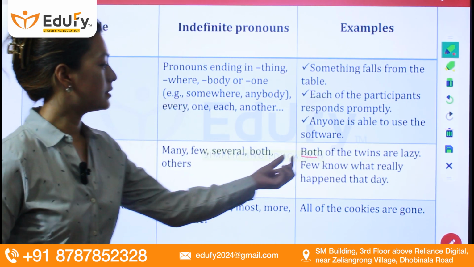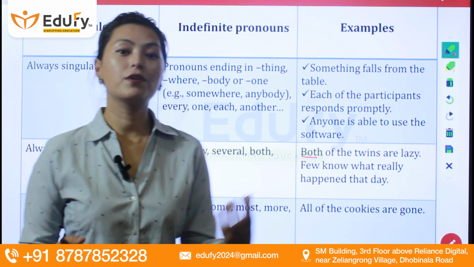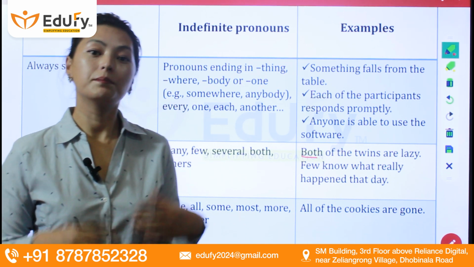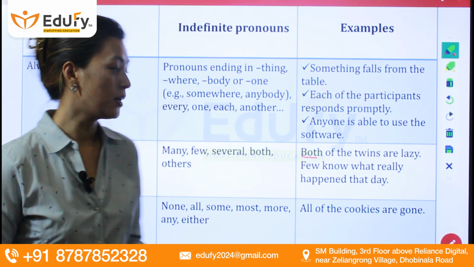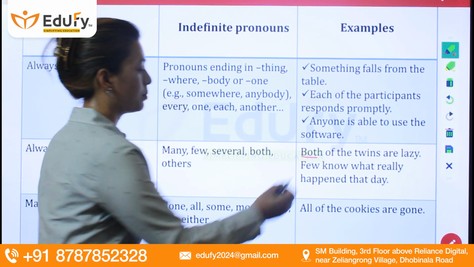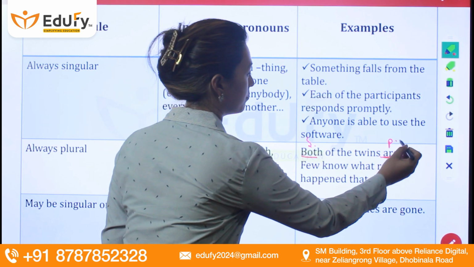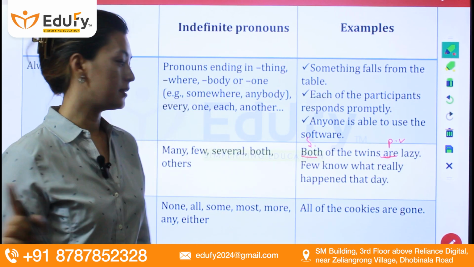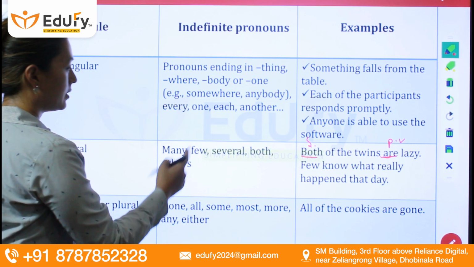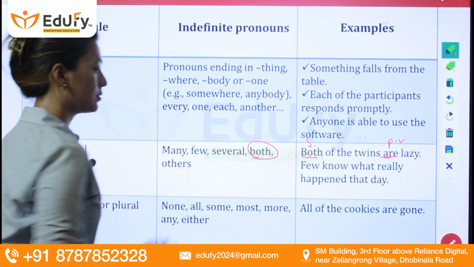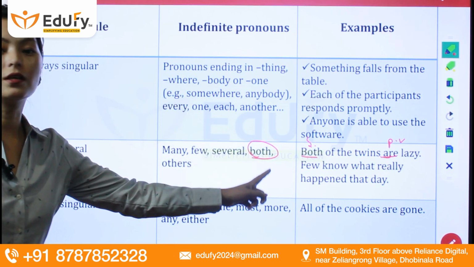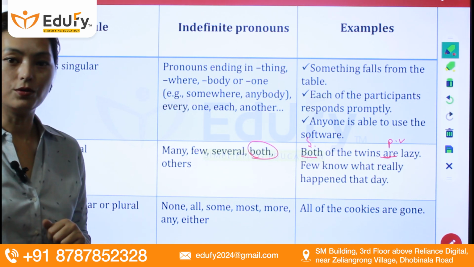But the minute I say both of the twins, I'm referring not to a singular subject, but to a plural subject. So when I refer to a plural subject, I will have a plural verb. That is as simple as that. And this one is among the indefinite pronouns which are considered plural.